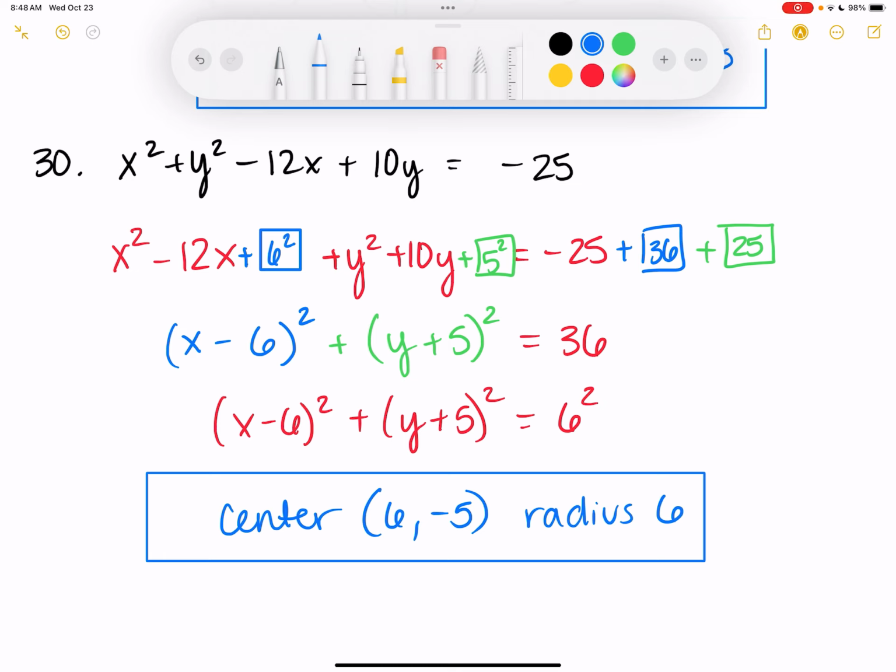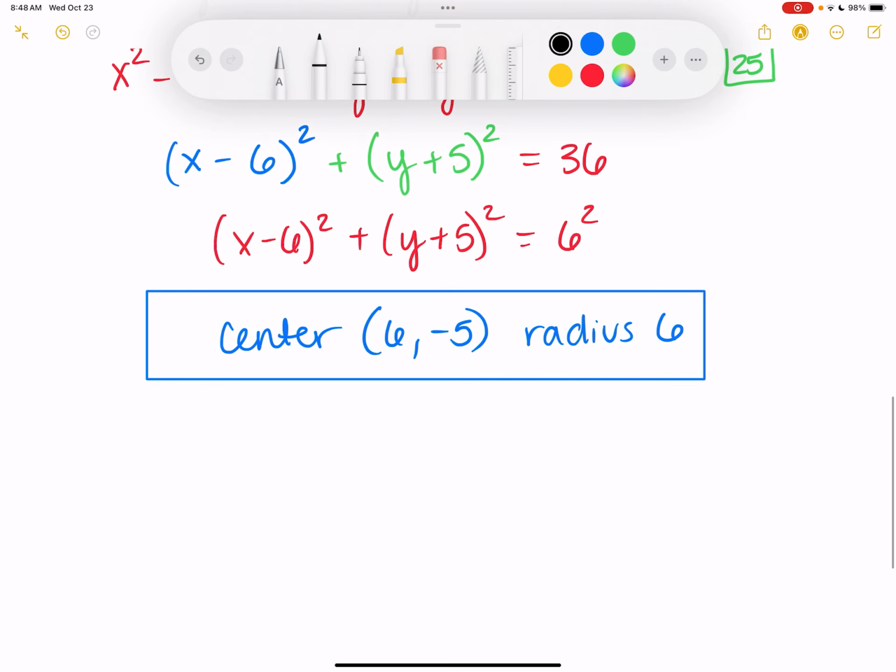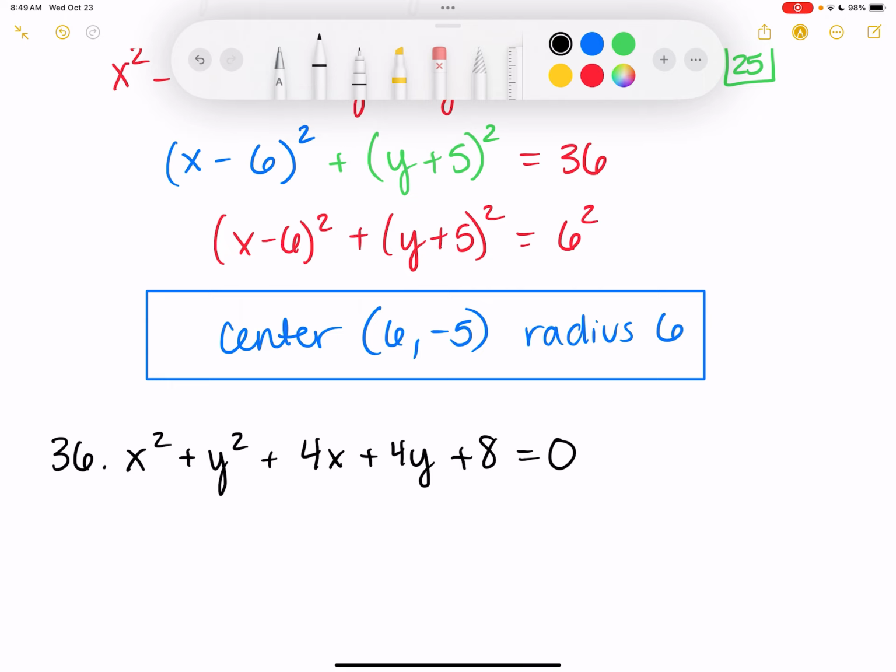Let's see if I can pick one that somehow is going to come out to not be. Wild guess, I don't know. Let's try this one. 36. x squared plus y squared plus 4x plus 4y plus 8 equals 0.